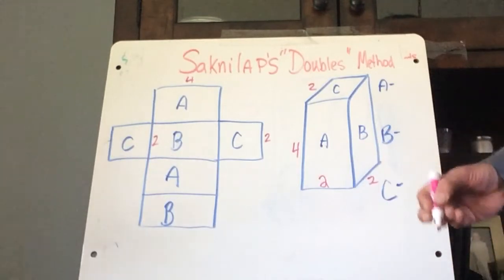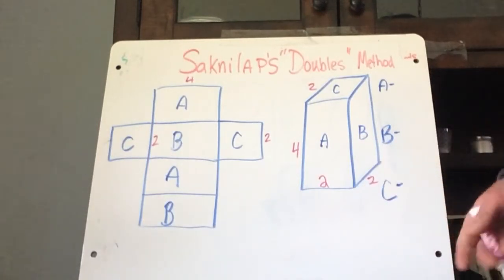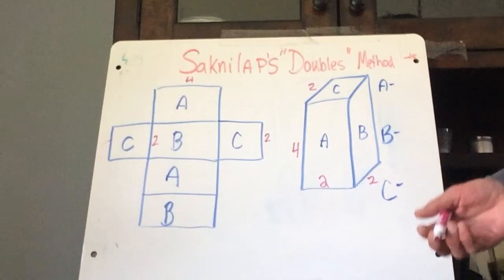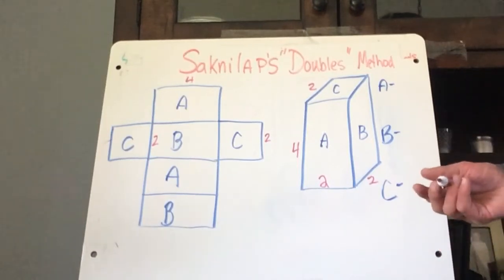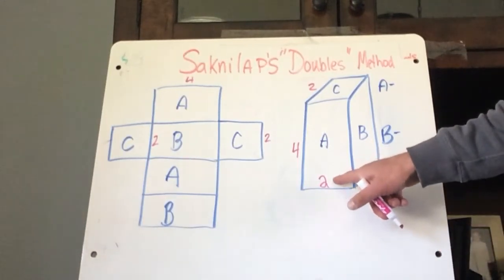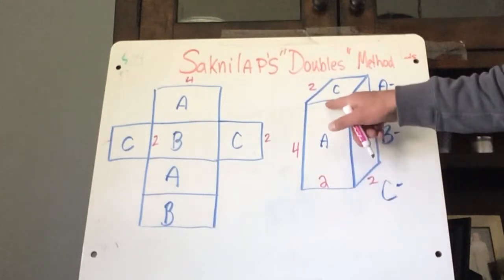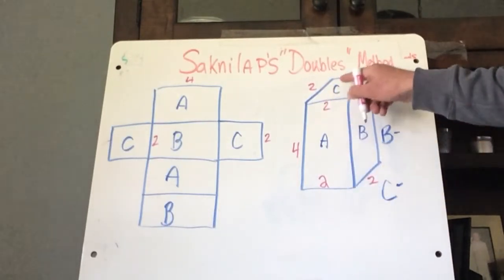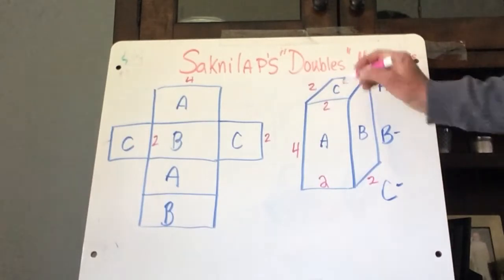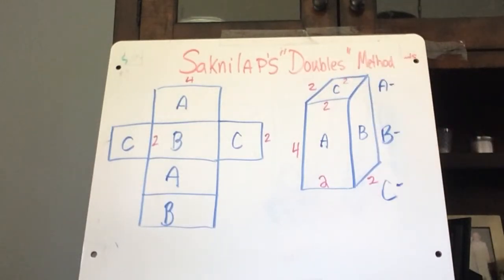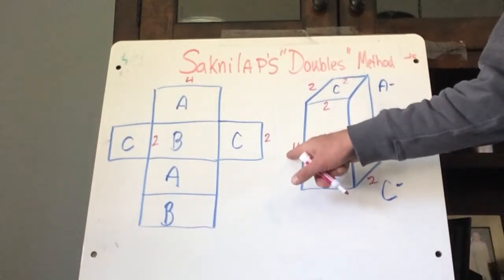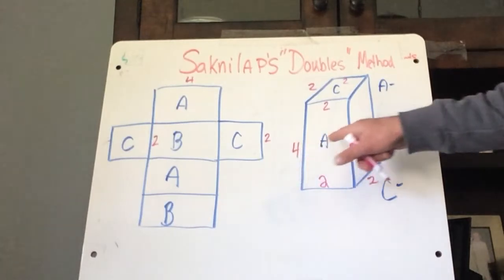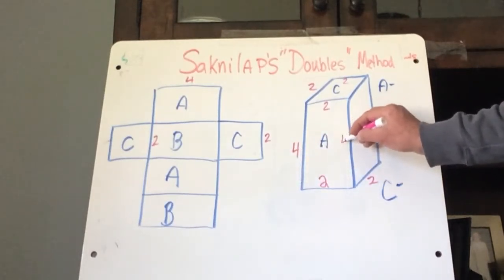I know in a rectangular prism that the opposite edges are congruent. So I'm going to start labeling. 2, so that has to be 2 as well. Well, if that's 2, that has to be 2 as well. Okay, so let's look at our 4. If this is 4, then this has to be 4.